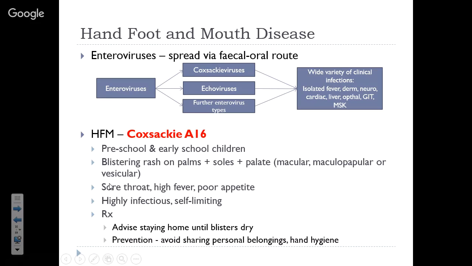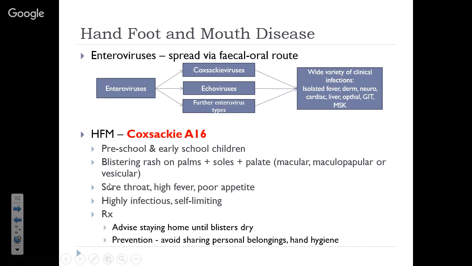It affects preschool and early school kids, and the clinical features are quite obvious because it's in the name. So you get a blistering rash on the palms of the hands, soles of the feet, and inside the mouth as well. The rash can be either maculopapular or vesicular. You also get sore throat and high fever as well. Very highly infectious, but it's very self-limiting. So for treatment, just advise staying home and avoiding sharing personal belongings, ensuring there's hand hygiene at home as well, etc.